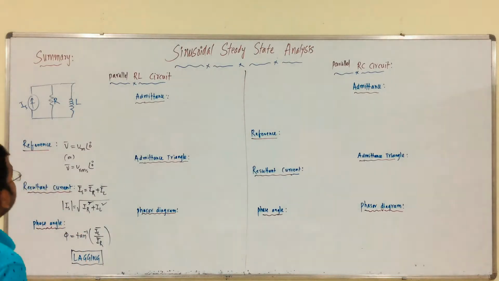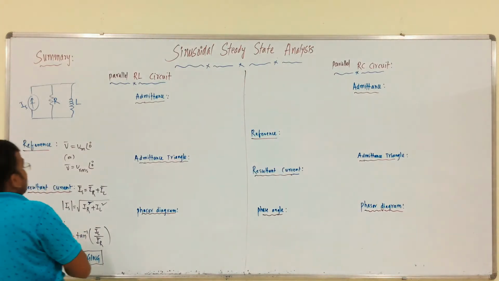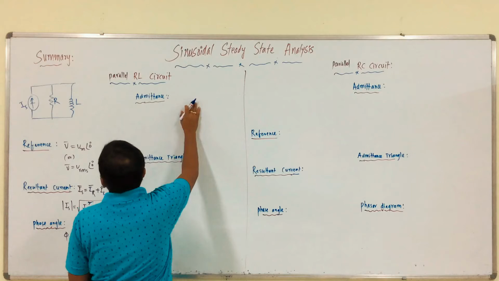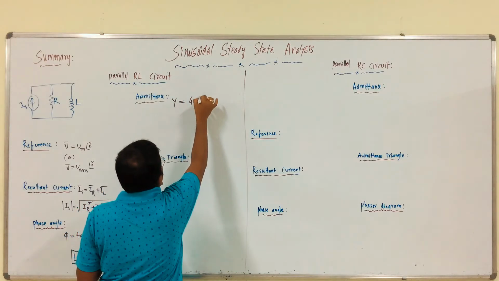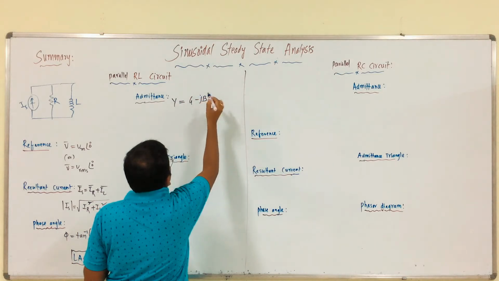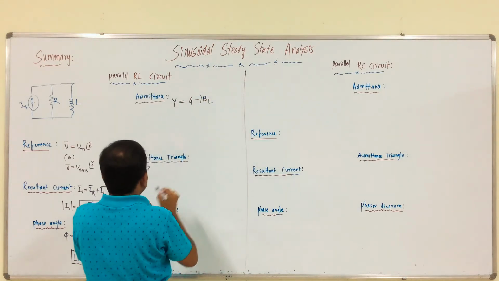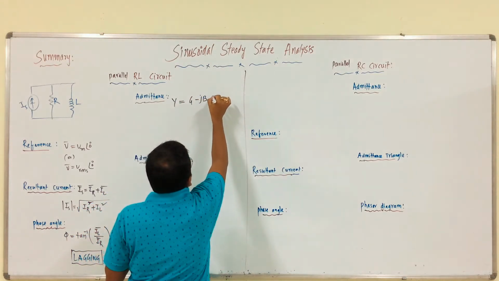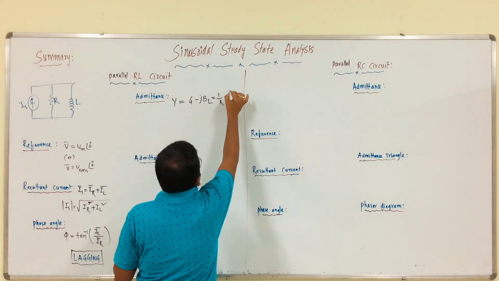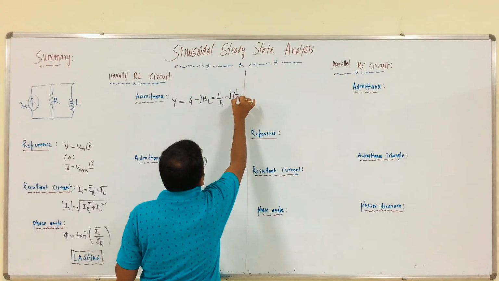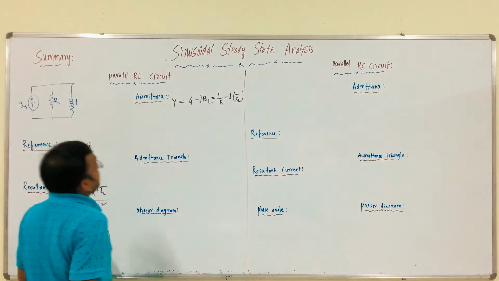Next part, admittance. Coming to admittance, that is Y, which is equal to G minus jBL, inductive susceptance, right? So from this we can write 1 by R minus j BL, where BL is nothing but 1 by XL, clear?